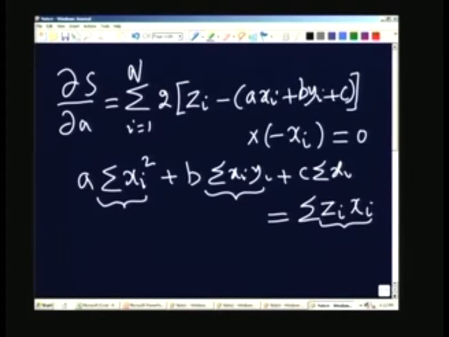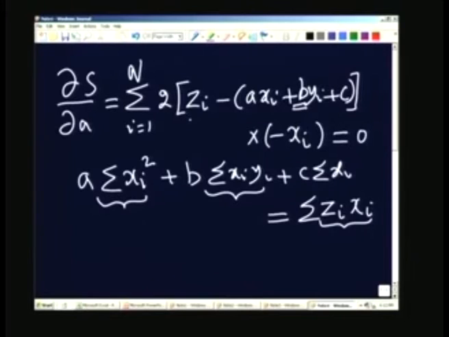In fact, you can immediately see that when I take the derivative with respect to b, instead of x i squared I will get x i y i, here I will get y i squared, here I will get y i, and here I will get z i y i. So, that is the second normal equation. When you take the derivative with respect to c, I will not get any product like this.